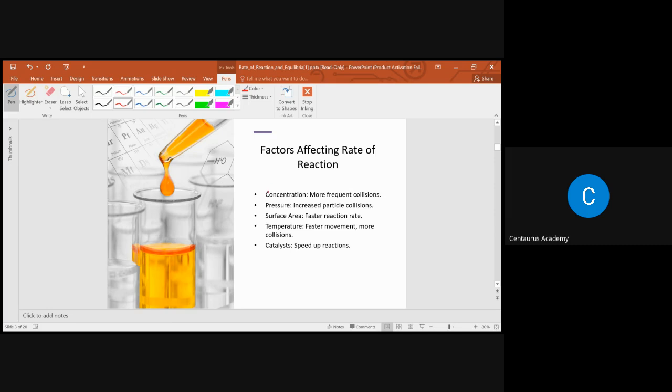We say that concentration, as I told you in the last section, basically depends upon or is the number of moles of the solute over the volume. Okay. So, for instance, if I'm not changing the volume, but I'm increasing the concentration, the volume remains constant.